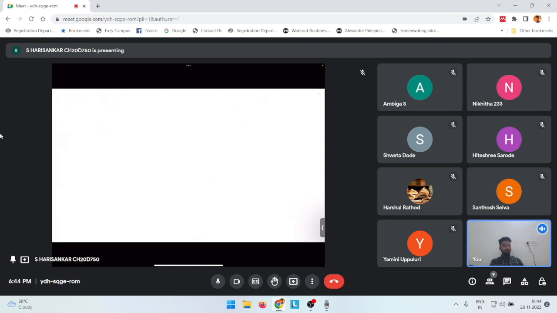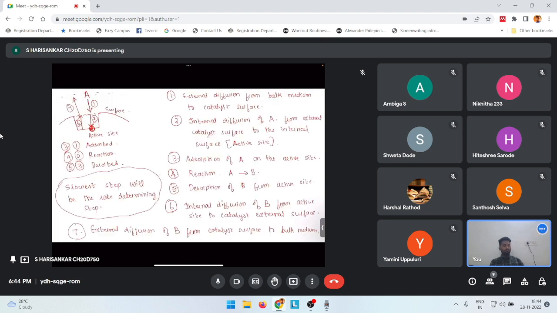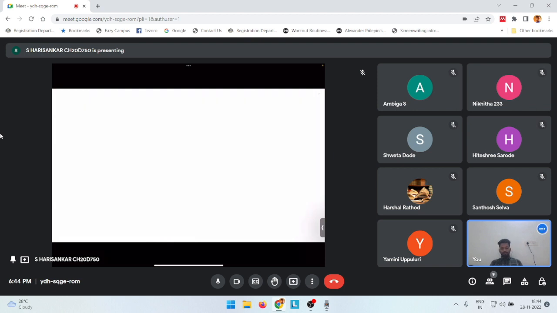Okay. So let us divide this into 3 scenarios. So scenario 1, both the diffusion steps are fast.